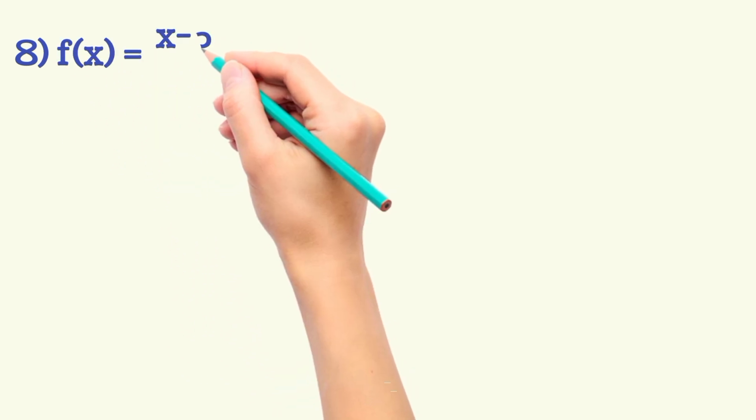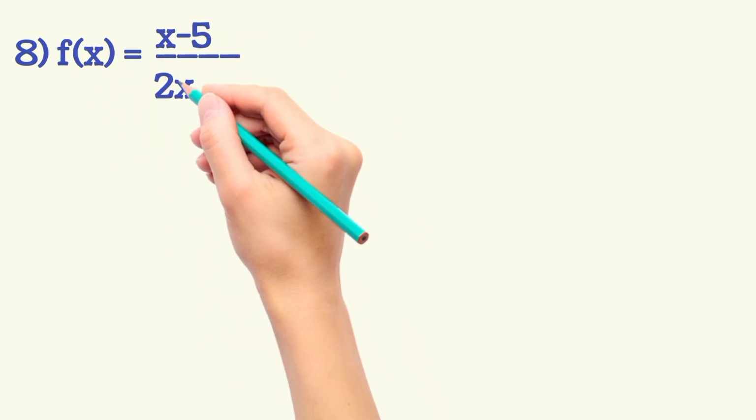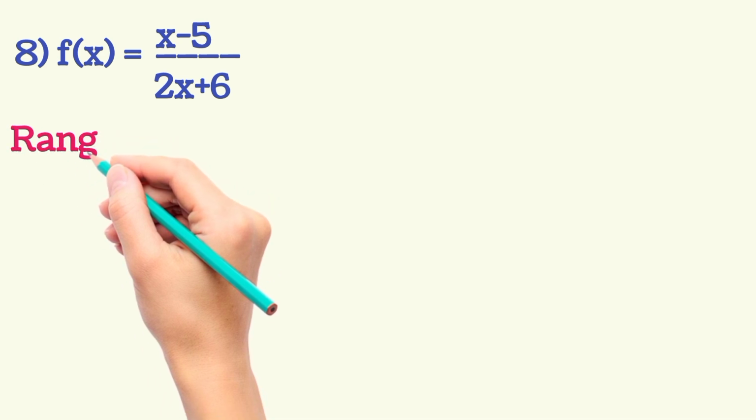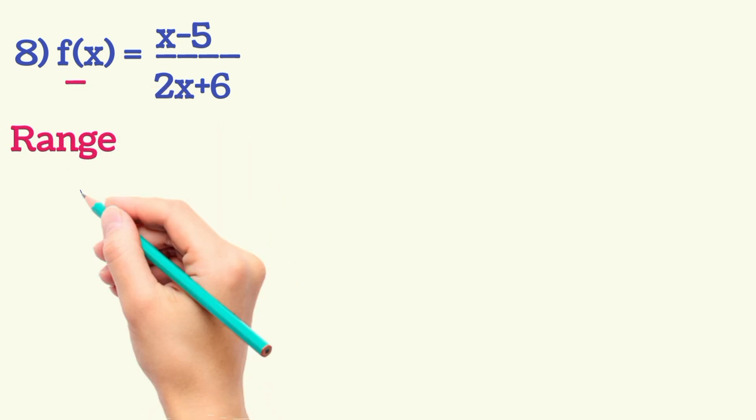Now f(x) = (x - 5) divided by (2x + 6). For range, we will substitute y in place of f(x).